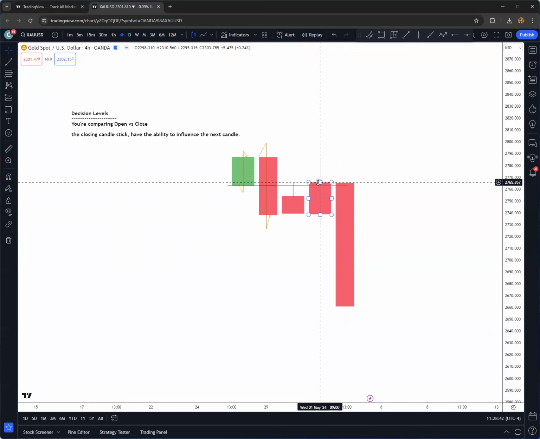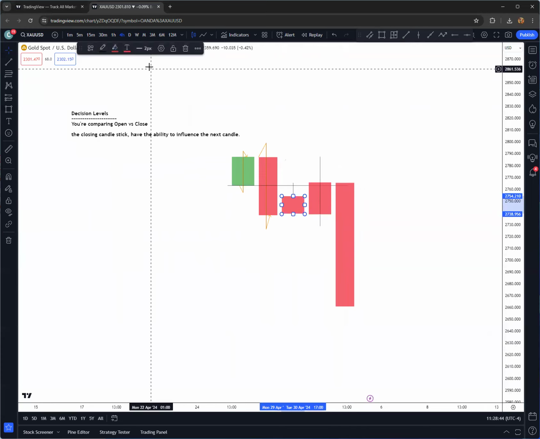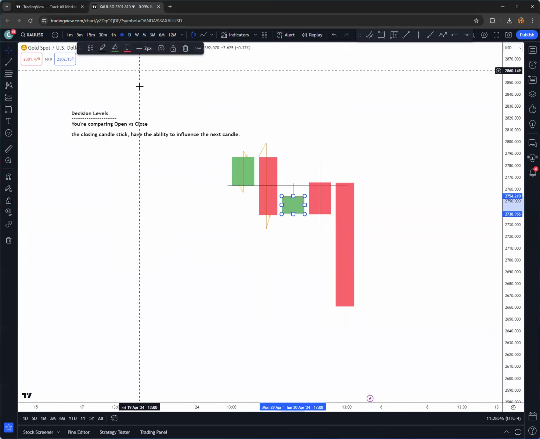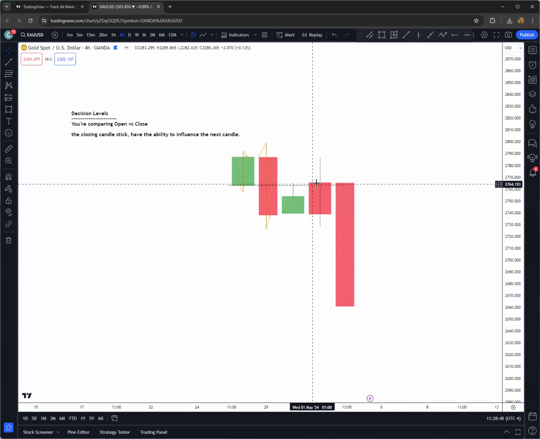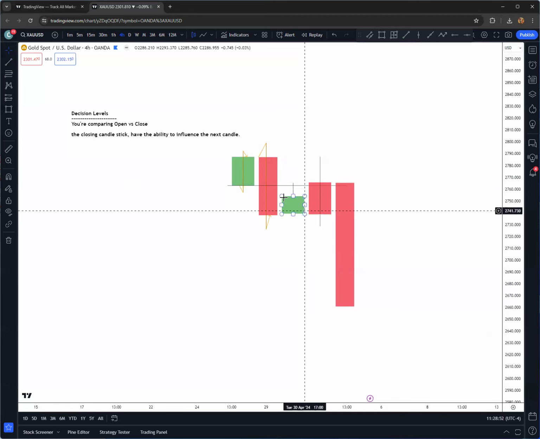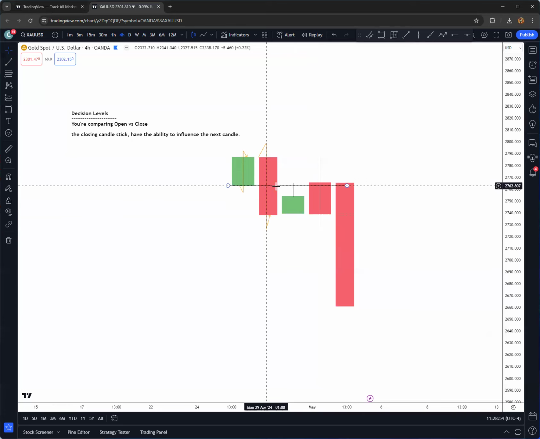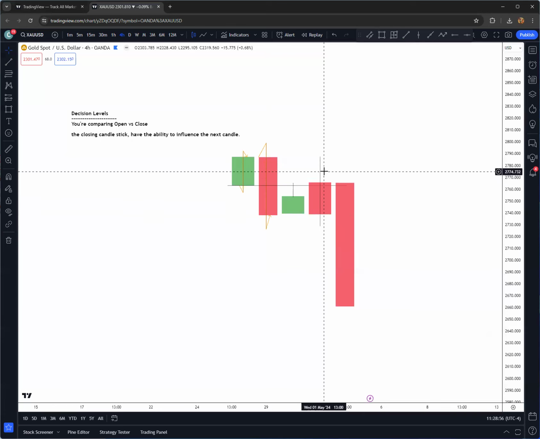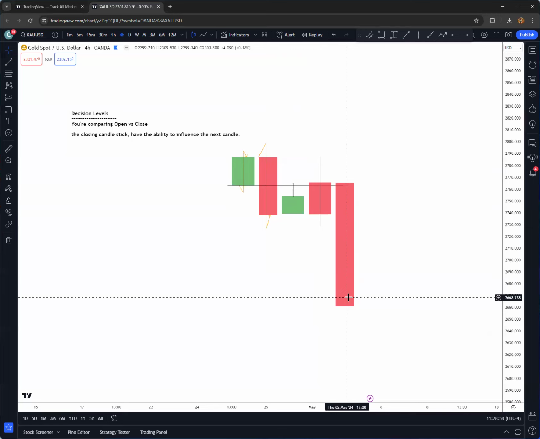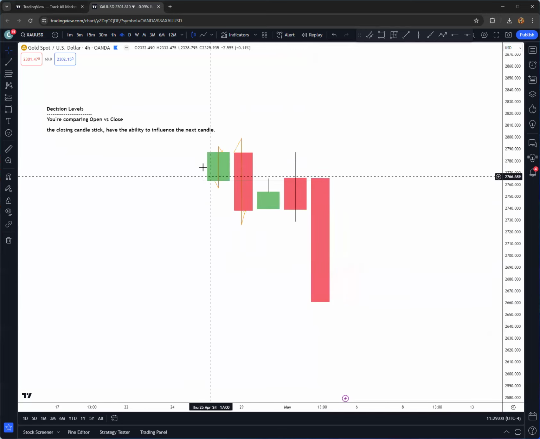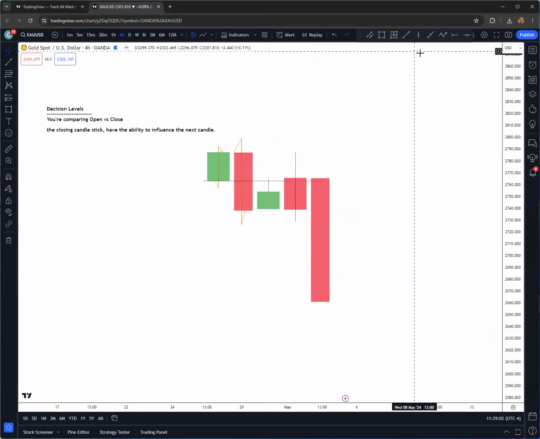This one here was red. Let's say that this was even green. It doesn't change anything, because this one opens here and closes here. It didn't affect anything at this level. It just means that we're still bearish for sure. That's all that is. So this is the basics of decision levels.